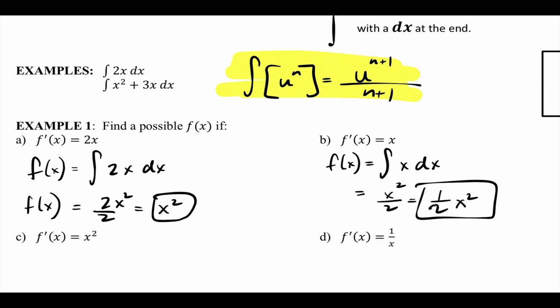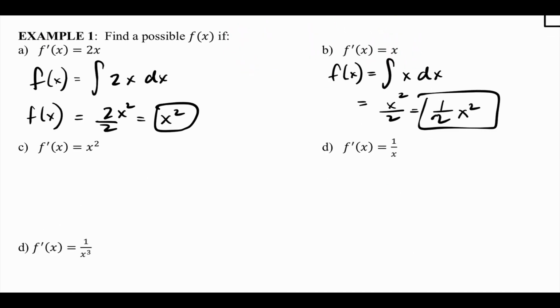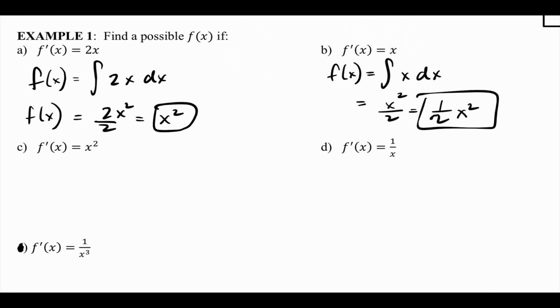Do letters C and D, and E. There should be an E down here. There's 2 D's, make the second D an E. Use the same rules to do this.